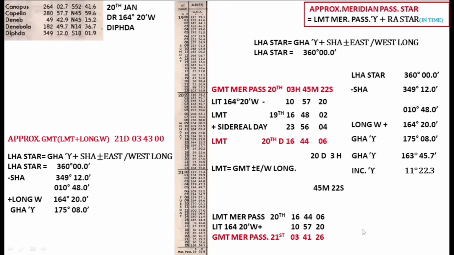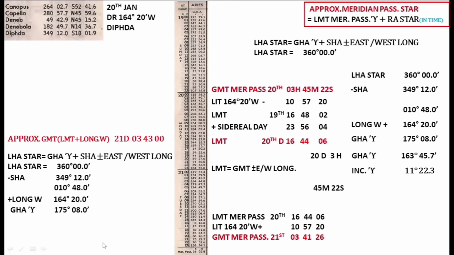Now, of course, for you all, you have to show all the steps before you can go to deciding about the day, but that you can confirm later on. But right here, once you have got your GHA Aries, and when you look at your tables here, you can figure out if the date has changed or not.